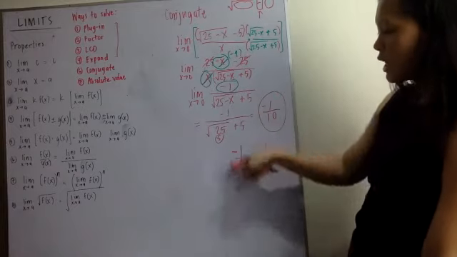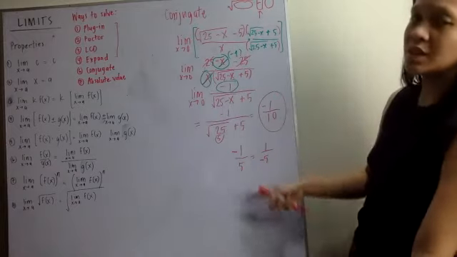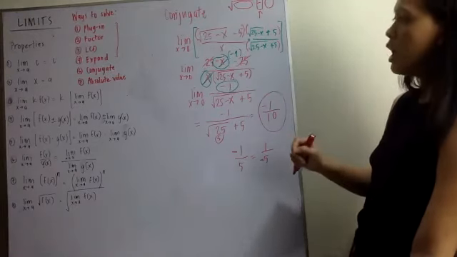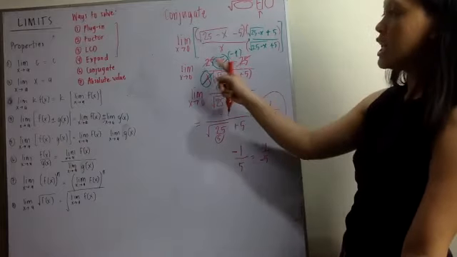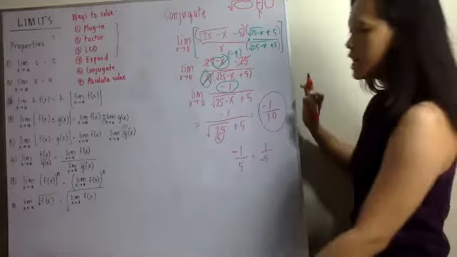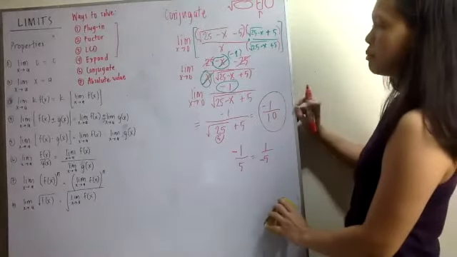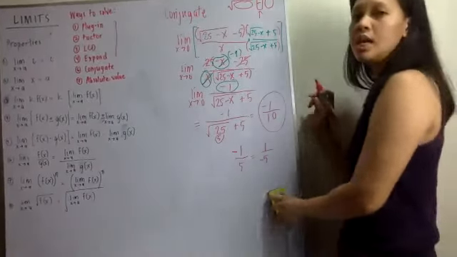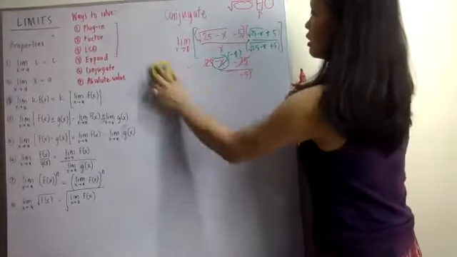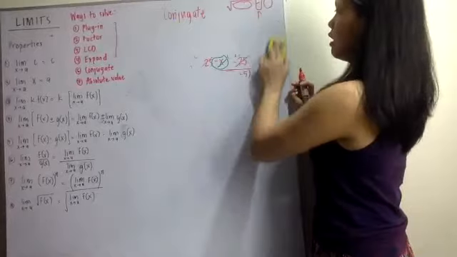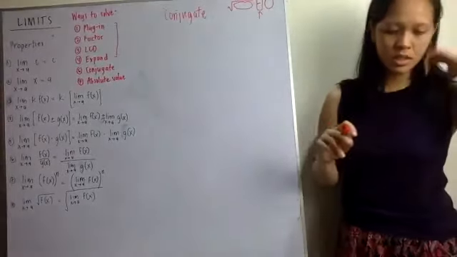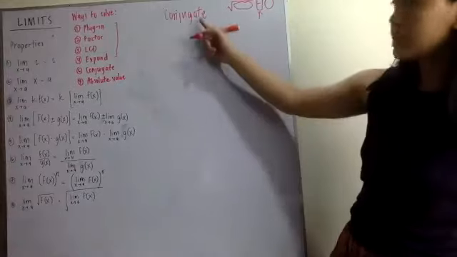Tapos later on, makikita mo naman na hindi nagmamatter kung nasa taas or baba mo siya sinulat. Pero correct, technically, kung negative is nasa baba, edi yung sa baba yung negative 1. Okay? Then, bahala na mag-simplify kung saan nga mapupunta si negative. Okay. Sige, two more examples, tapos quiz tayo on this conjugate.